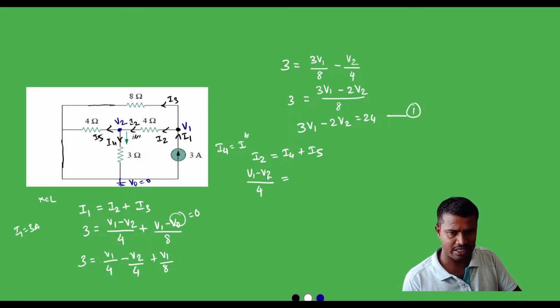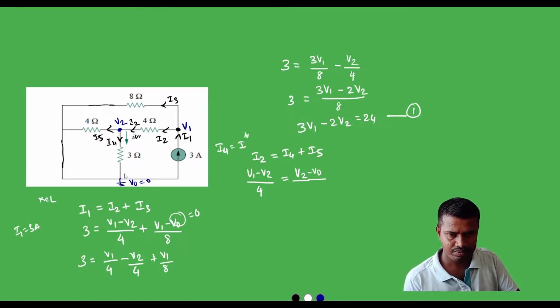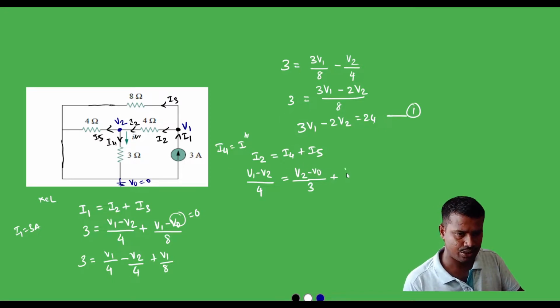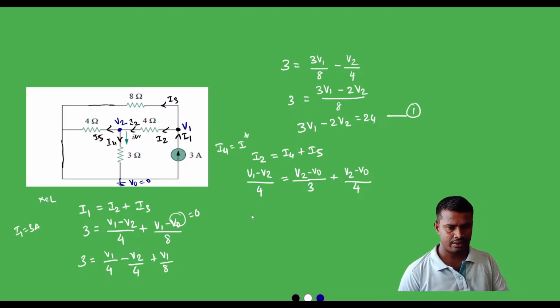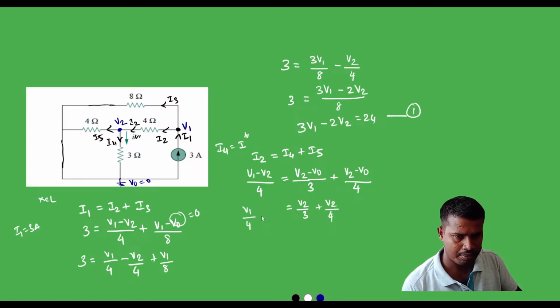I4 is equal to V2 minus V0 divided by 3, where V0 is 0, and for I5 the potential difference is V2 minus V0 divided by the resistance 4 ohm. Now on solving this equation, we find V1 by 4 minus V2 by 4 is equal to V2 by 3 plus V2 by 4.